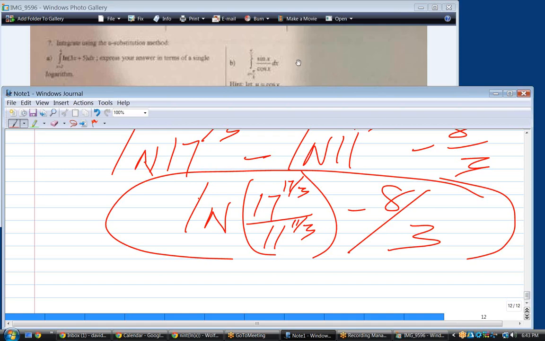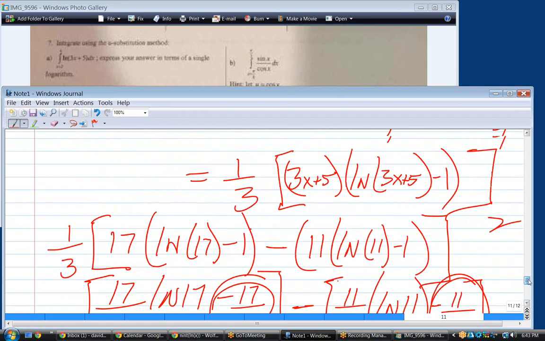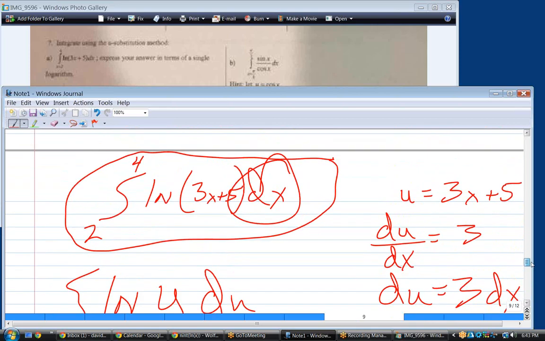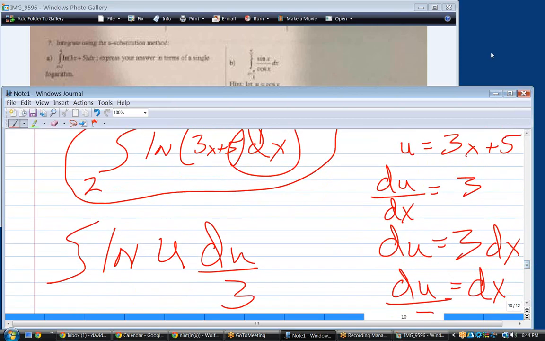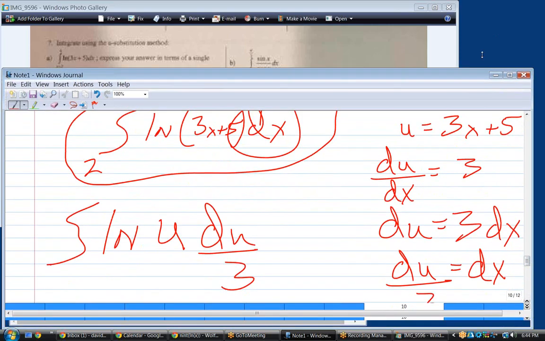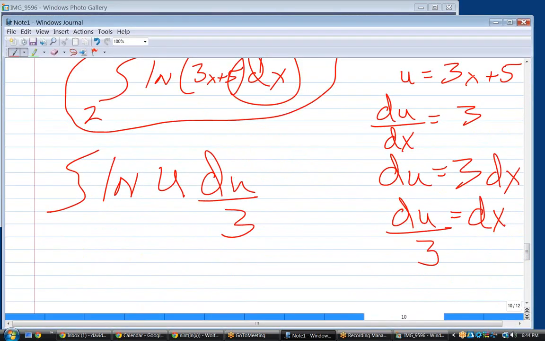And you're going to do b in essentially the same way. You're going to let u equal cosine x. The real key on doing these problems by substitution is over here on the right side. In other words, let u be the complicated function that's messing everything up, and then always solve for du/dx, and then always figure out what dx is in terms of that.